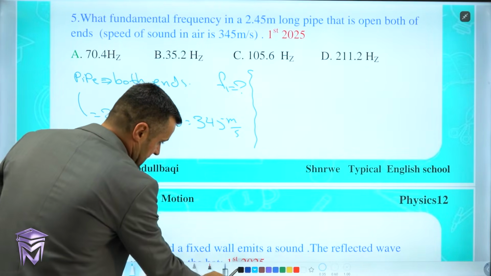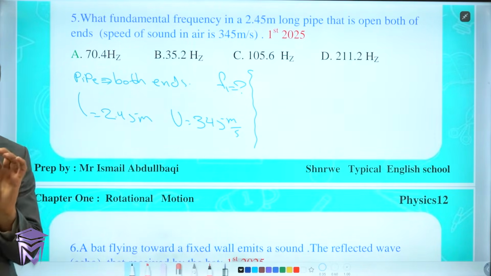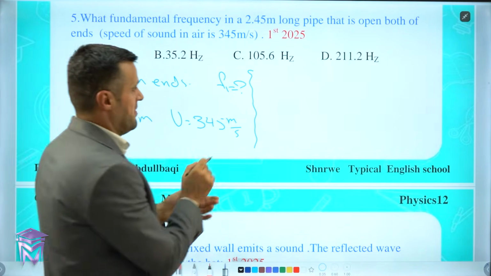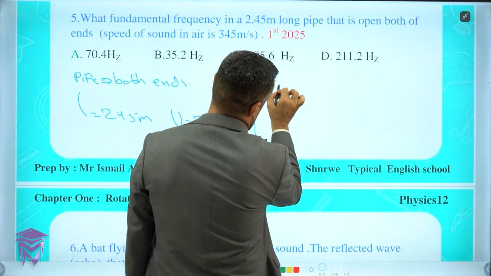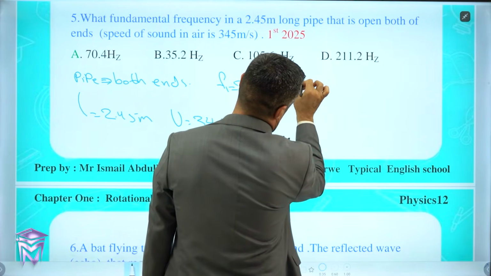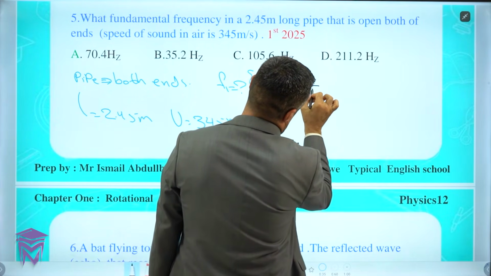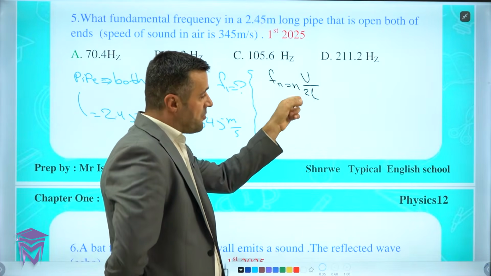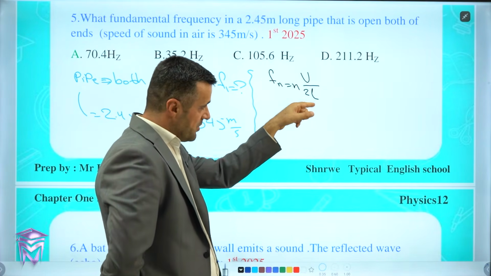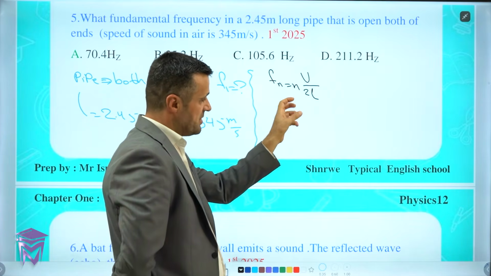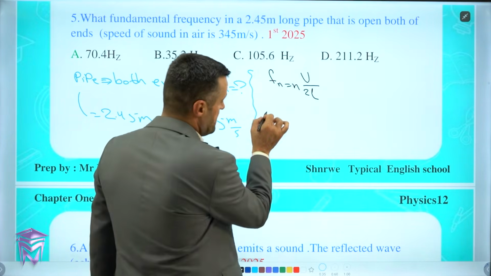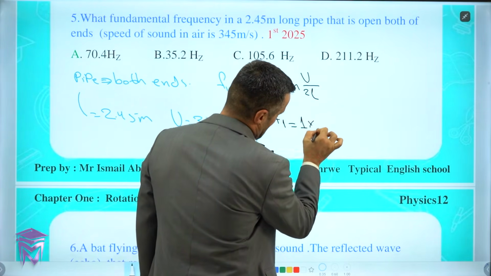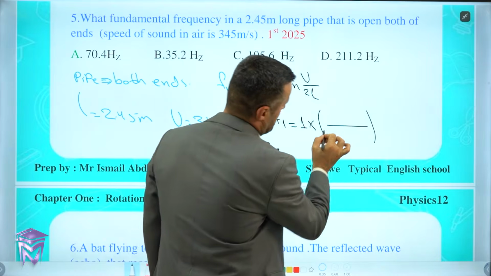At the beginning, we have to write the essential rule of F. Fn equals n times v over 2L, because the pipe is open at both ends, we have to use this rule. F1 equals 1 times V. What is the amount of V?